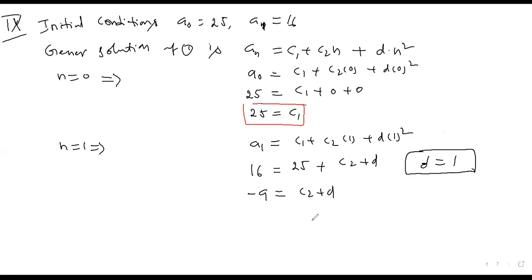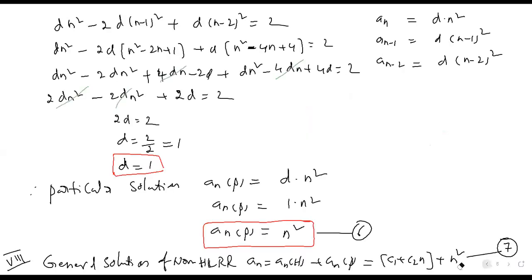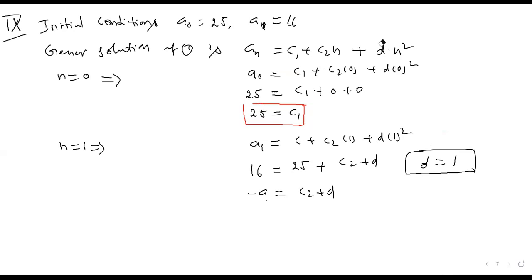Actually, here there is no need to take d; directly n square is there, because d is 1. Am I right? Yes or no? Therefore, finally c2 equals minus 10. Am I right?